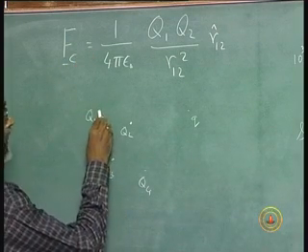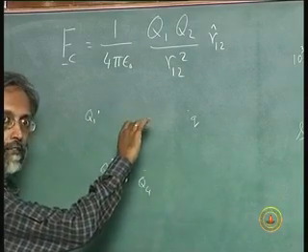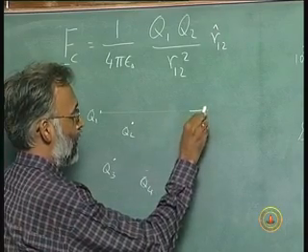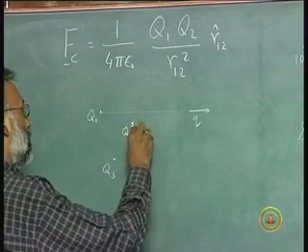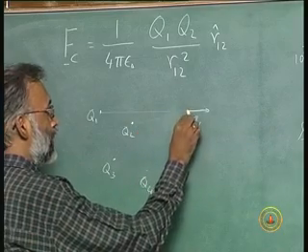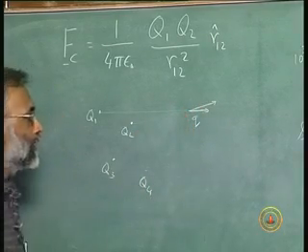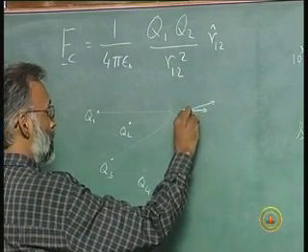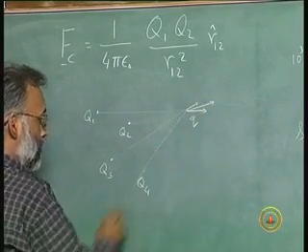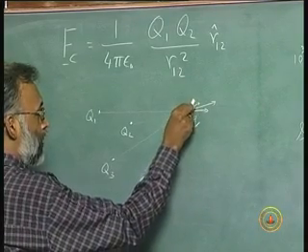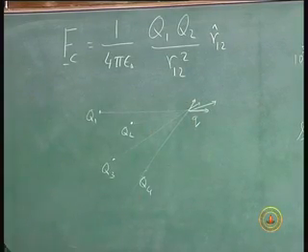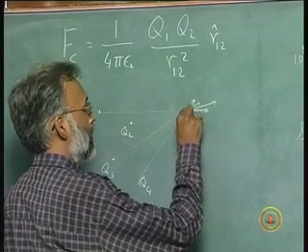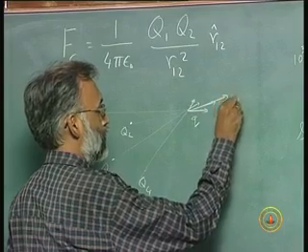He found out that you ignore all but one, find out what Coulomb's law says about that one. Now you ignore all but another, find out what Coulomb's law says about the next. And then vectorially you add them up. The result is the total force.